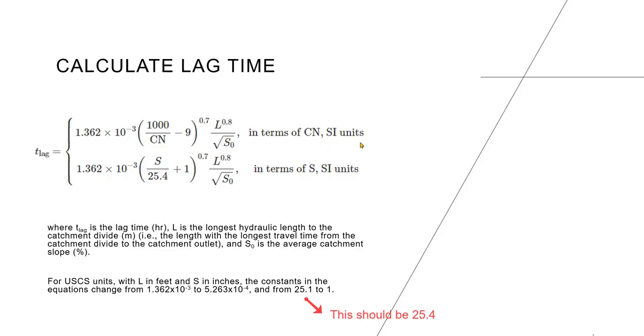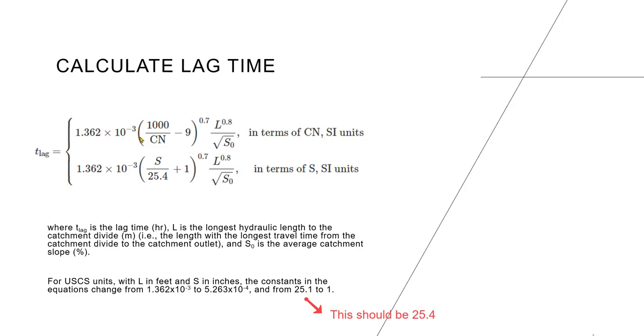Also, if you're using US customary system of units, this number needs to be converted to 5.263 times 10 to the power negative 4. And this number, 25.4, should be 1. Also, if you want to correct me over here, this should be 25.4, not 25.1.